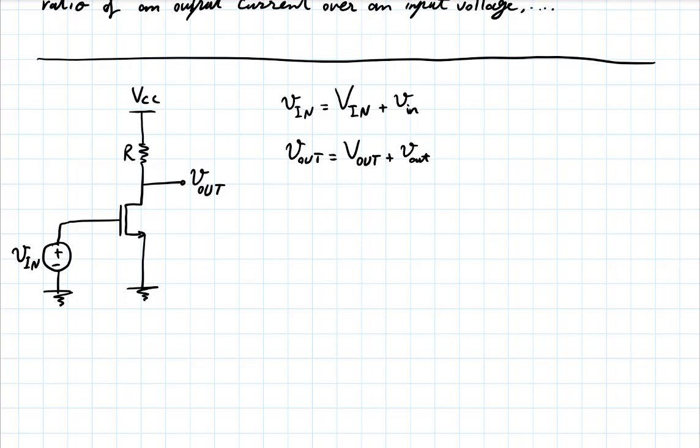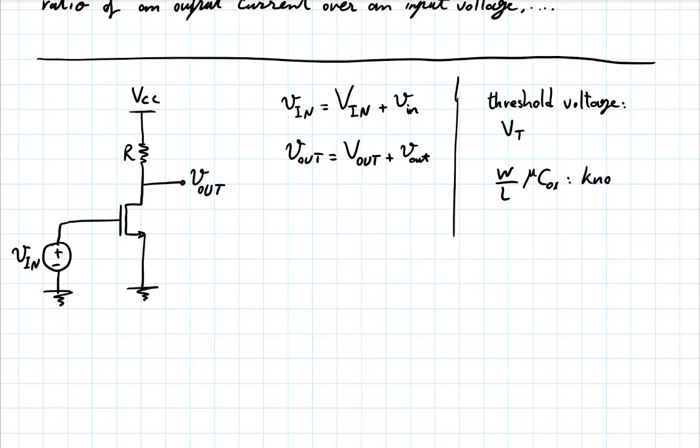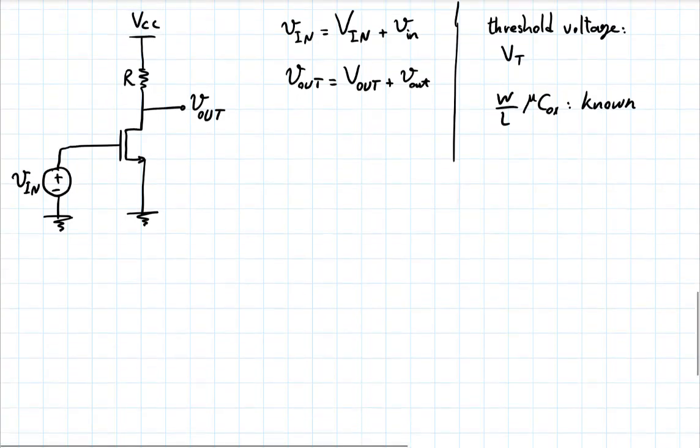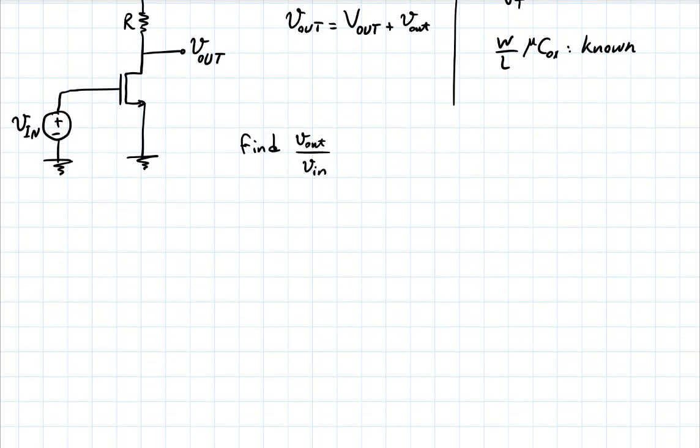The transistor has a threshold voltage V sub T. So that's the transistor parameters. And it also has a quantity W over L mu C ox that's known. These are just device parameters. Find the small signal gain. That's the problem.